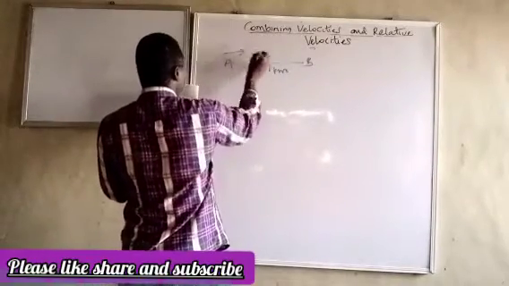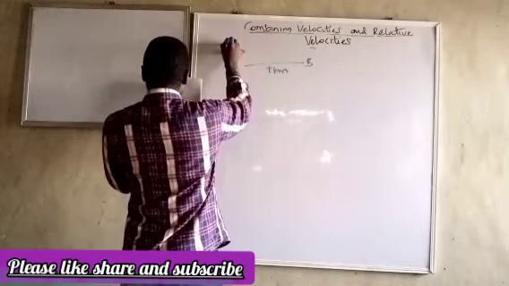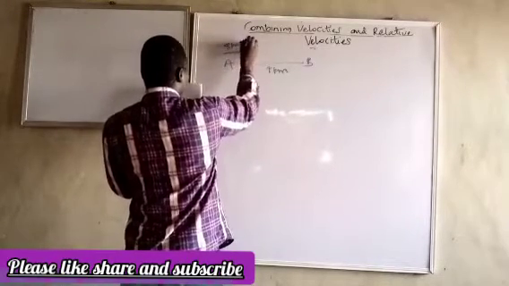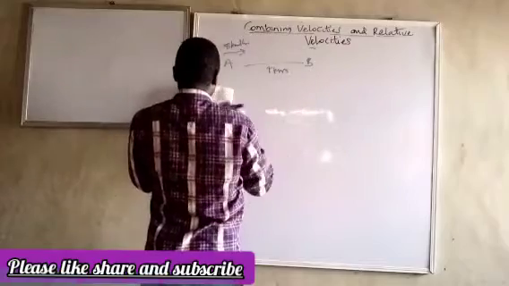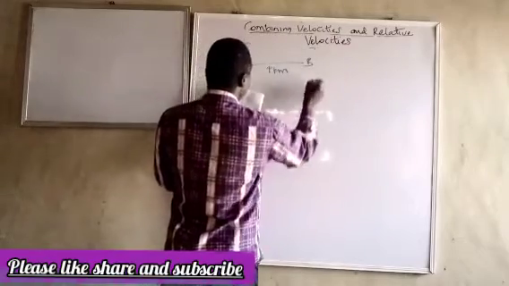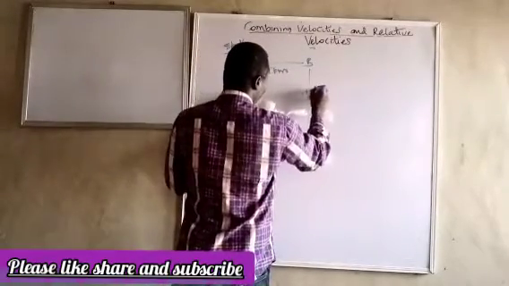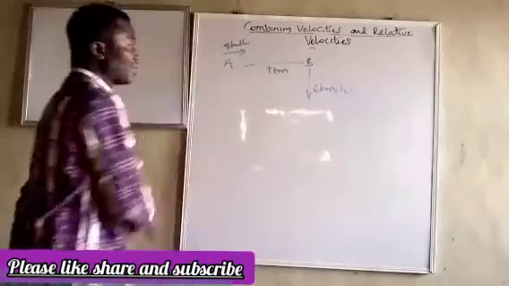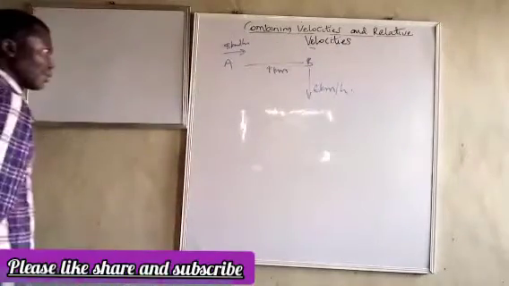So this is how A moves, with 8 kilometers per hour, and B moves with 6 kilometers per hour due south. With what we have done, this one is a straightforward thing.